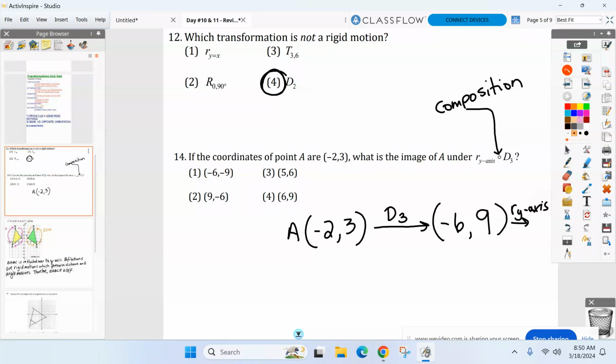Reflect it over the y and find my final coordinate. If you reflect that, it should end up at (6, 9). Reflect over the y-axis, not the x, the y.